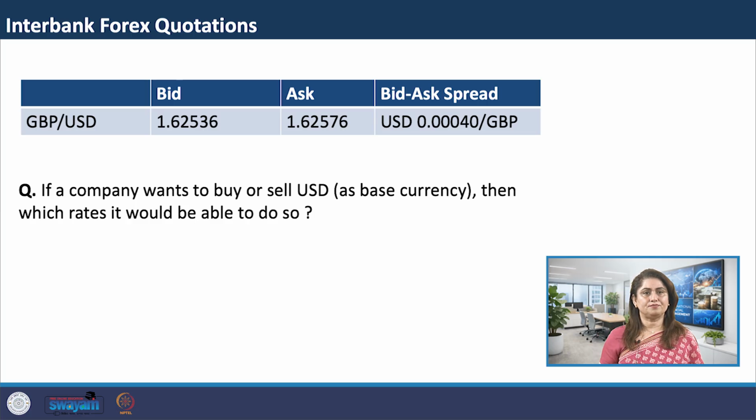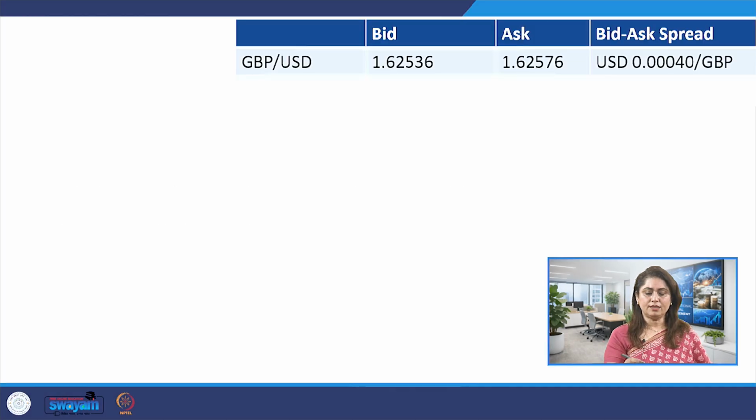Now the company wants to buy or sell USD, with USD as the base rate. Which rate should it use? The company can do either of the two, or wants to do both, buy also or sell also. Then which rate are we going to take as the ask rate and which as the bid rate? So let us do this question here.